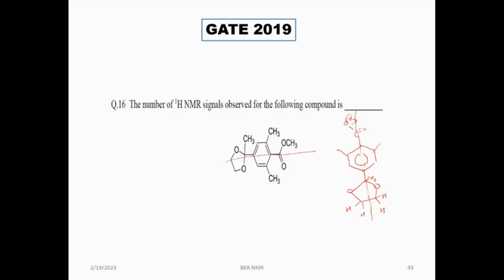So this CH3 becomes 1. Now this CH3 and this CH3 become 2. This H and this H become 3. And now this CH3 becomes 4. Okay, now here you have a chiral center.